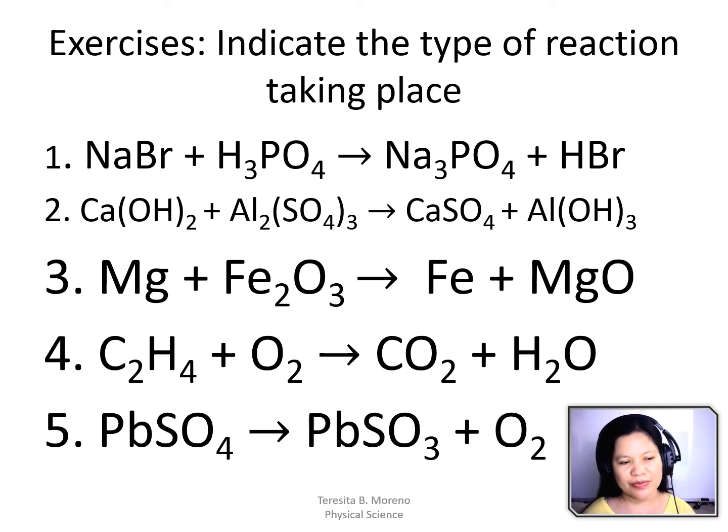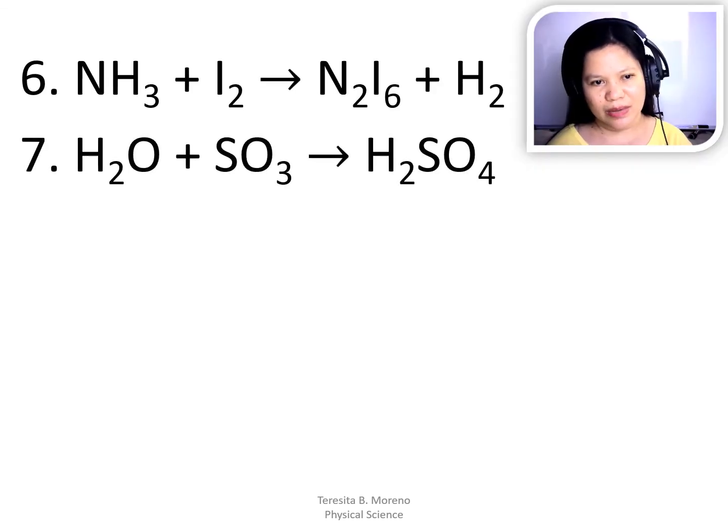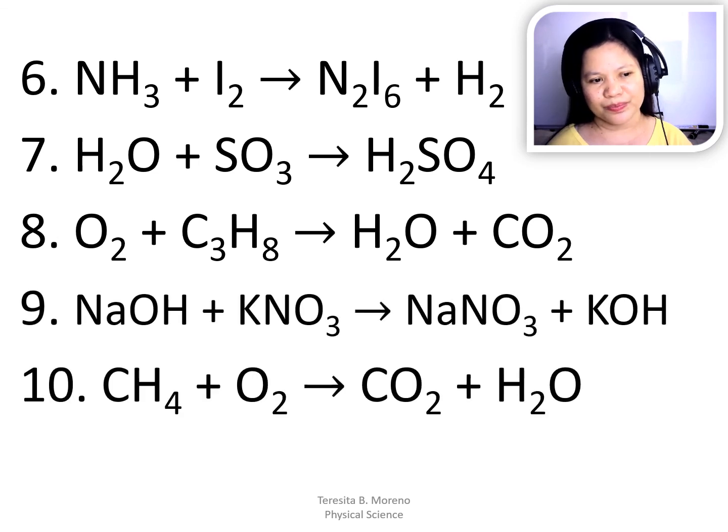Number 5 is lead sulfate. It will yield lead sulfide plus oxygen gas. Then number 6, 7, 8, 9, and 10.